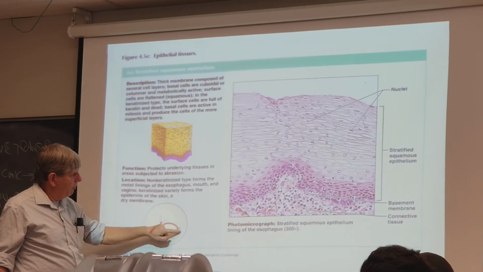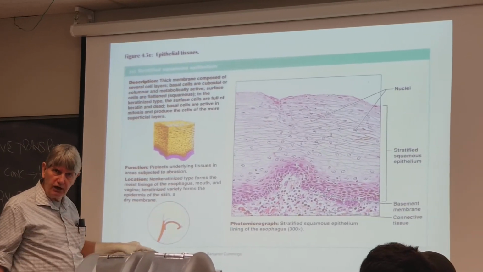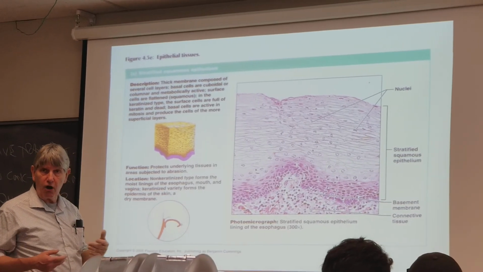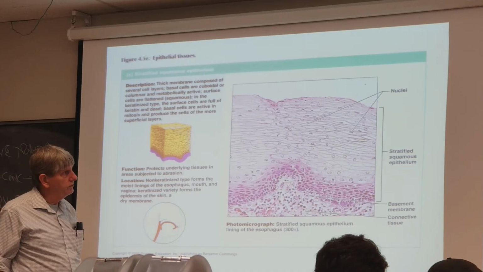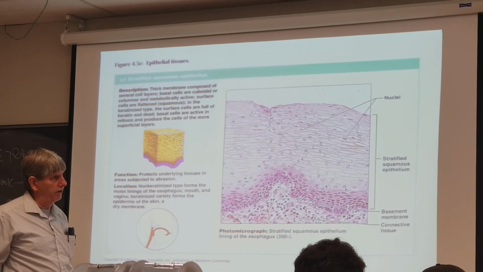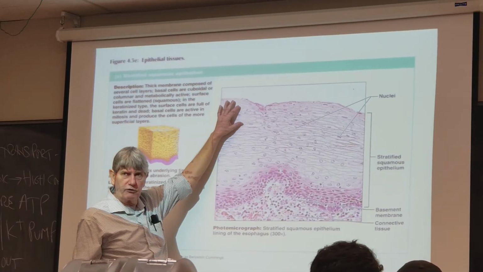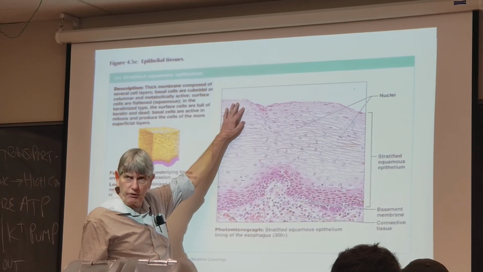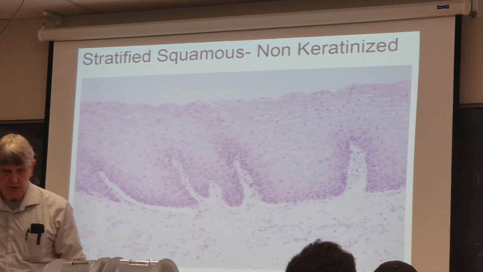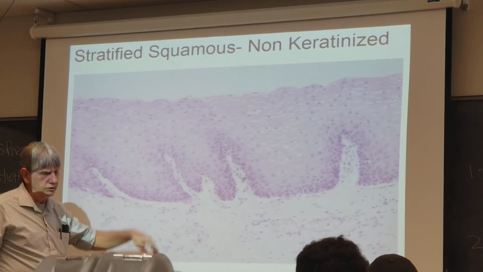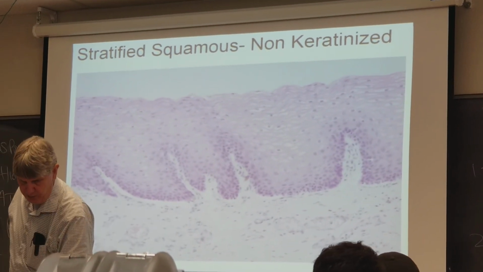And again, our oral cavity, your esophagus, vagina, any of those are locations for this non-keratinized stratified squamous. And non-keratinized just means that the surface cells are alive at maturity, right? They're always alive. And again, showed you a micrograph with this one, but something like this for the example.